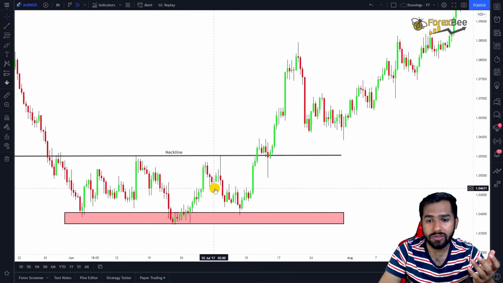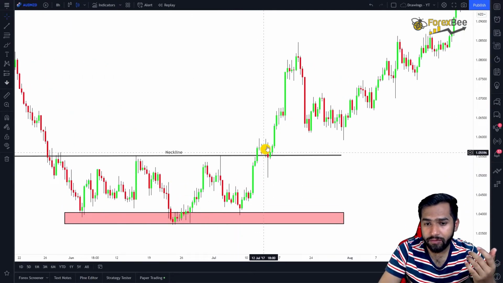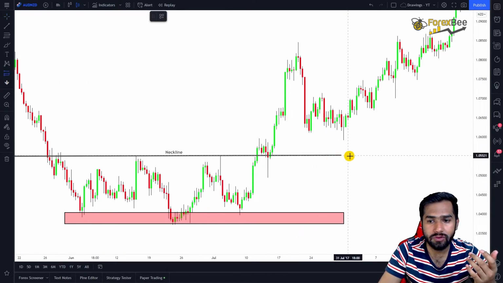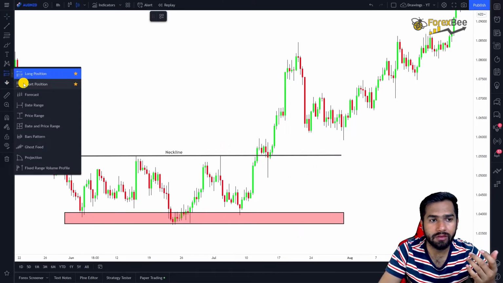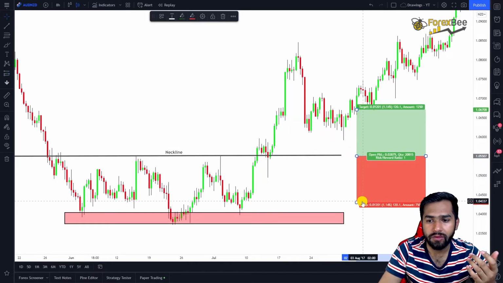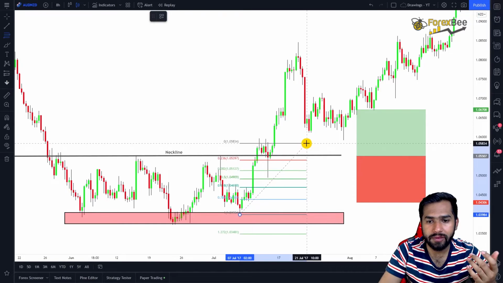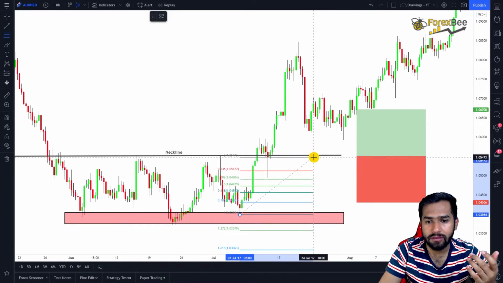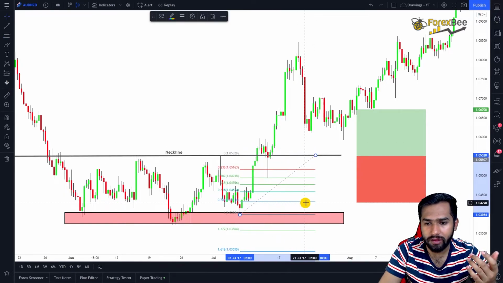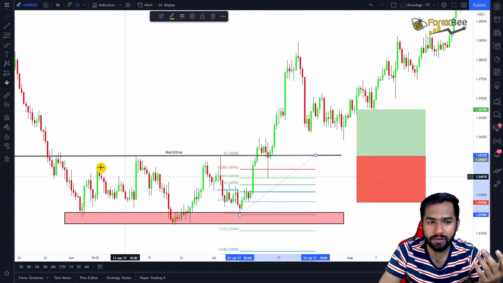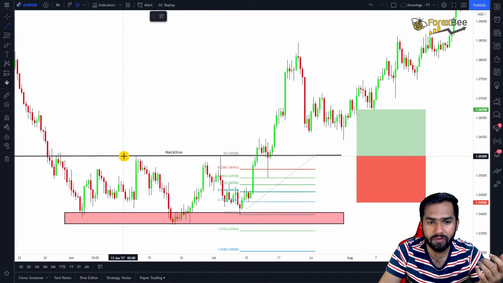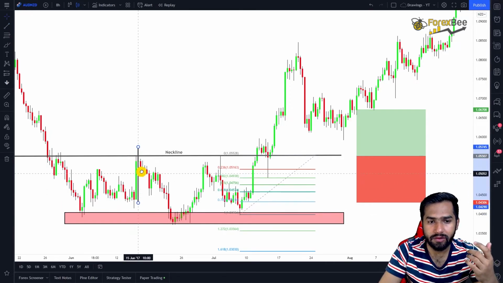So our stop loss would be the 78%. Let me just go here and take the long position. So let me go here and let me open up a long position. So our stop loss would be at 78% retracement of this wave, okay, so almost here, and our take profit would be at the same number of pips that are in between this support line and this resistance line or this neckline.